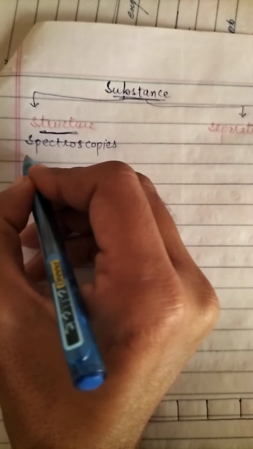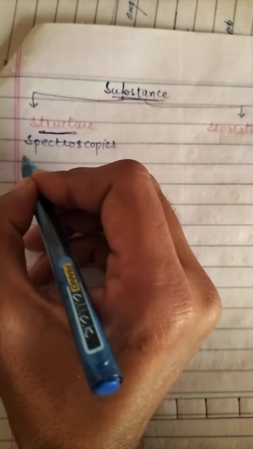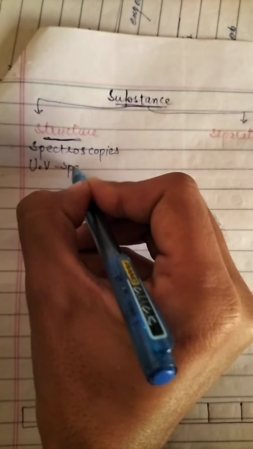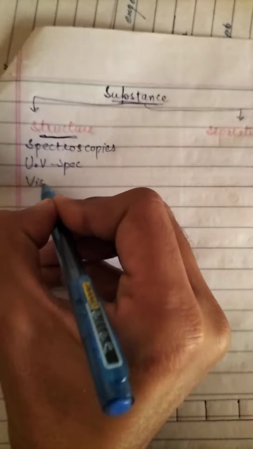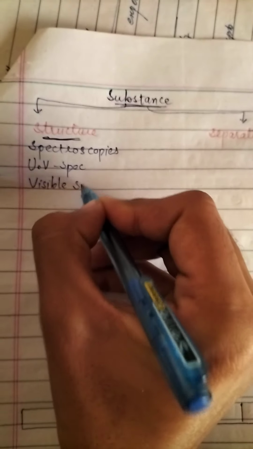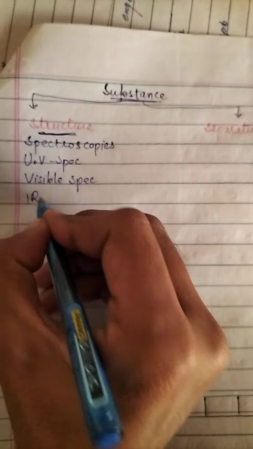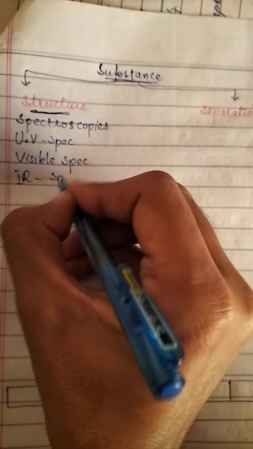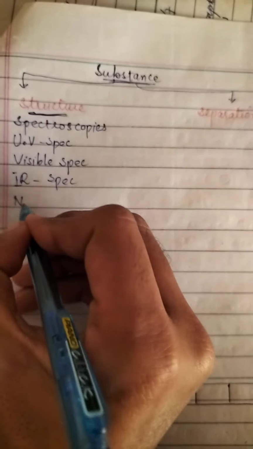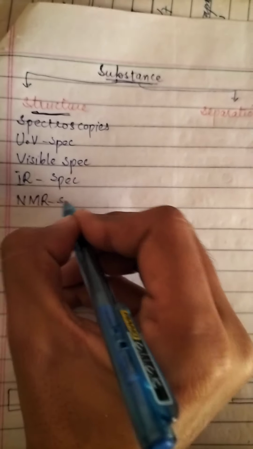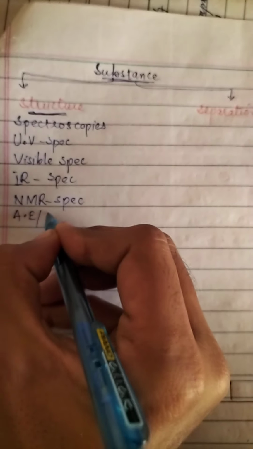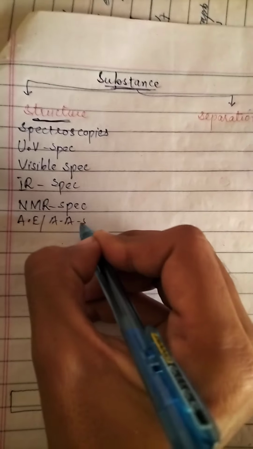The spectroscopies that can be used for structural determination are ultraviolet-visible spectroscopy, IR spectroscopy, NMR spectroscopy, as well as atomic emission and atomic absorption spectroscopies.